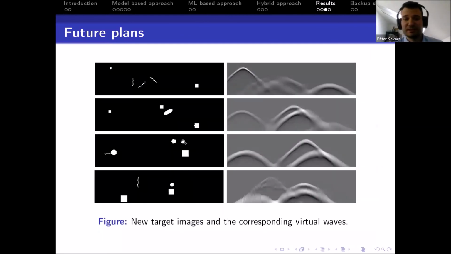Here you can see some examples of the new data samples. So in the future plans, we want to apply the network not just on square shape defects, but on defects with ellipses and also line type defects. So not just point defects, but line type defects could be good to detect.